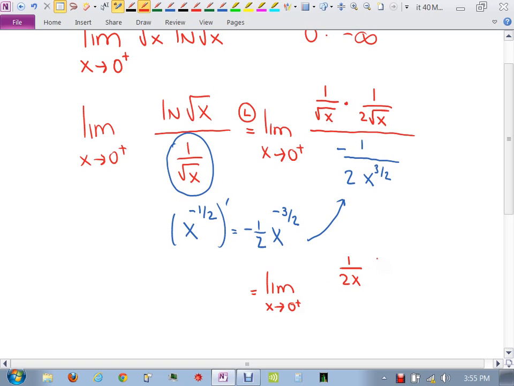But then the bottom one, can I flip it and bring it up? Come 2x to the 3/2 over negative 1. So I took that blue fraction, flipped it up, and I put the two red ones together. And I think I get some cancellation here. 2's go away.